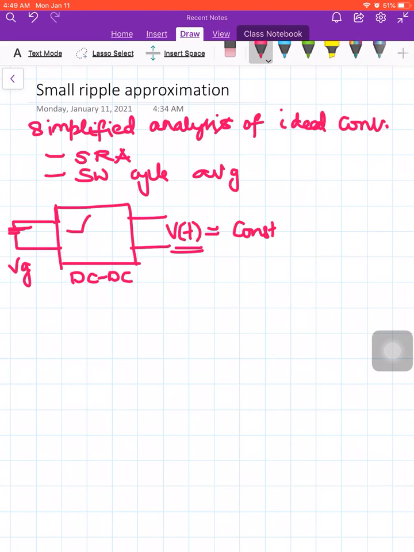Here we place in the switching and the filtering elements. So let me draw it properly. So this is what a converter looks like.